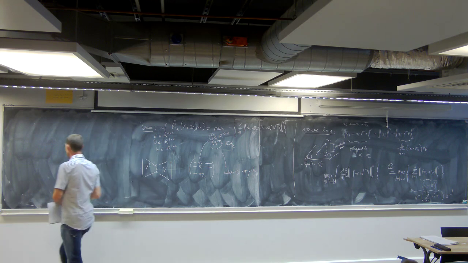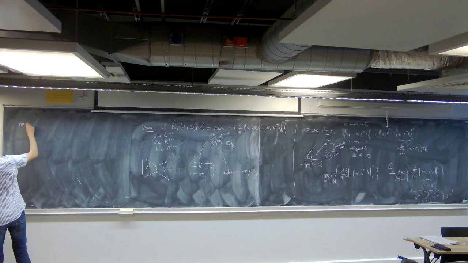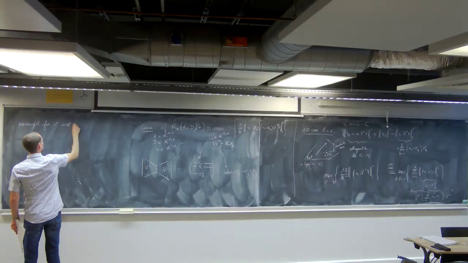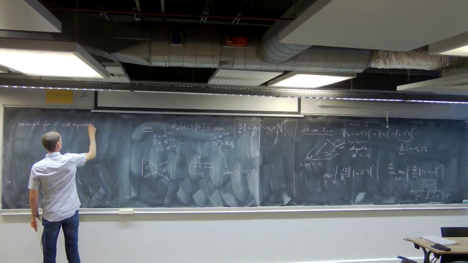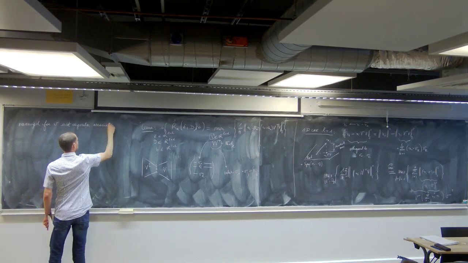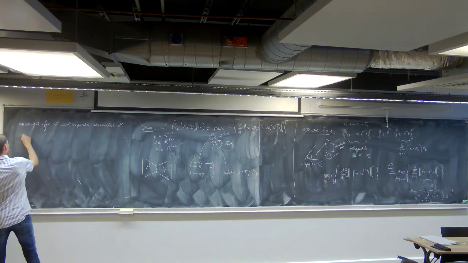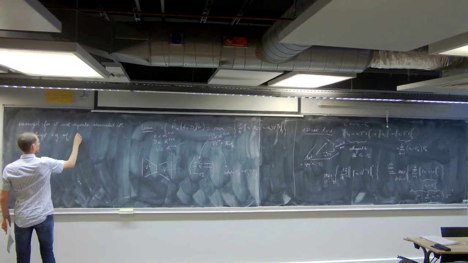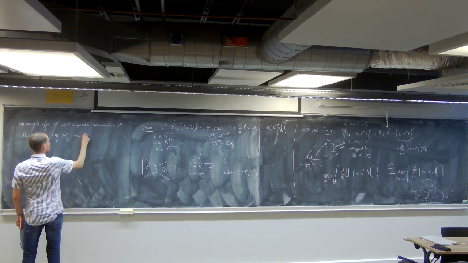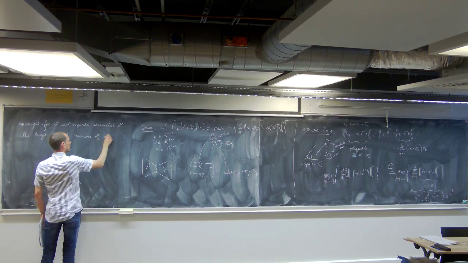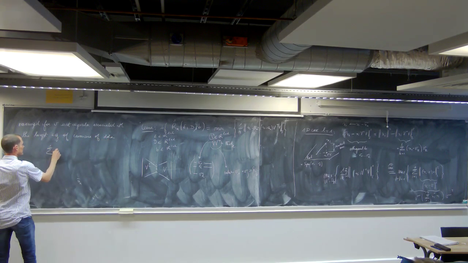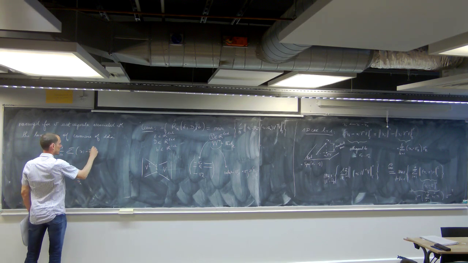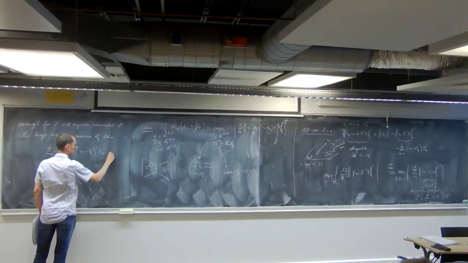So this means that this is maximized for V a unit eigenvector associated with the largest eigenvalue of the covariance of the data, which is sigma hat equal 1 over n, the sum of xi minus xn bar transpose xi minus xn bar.